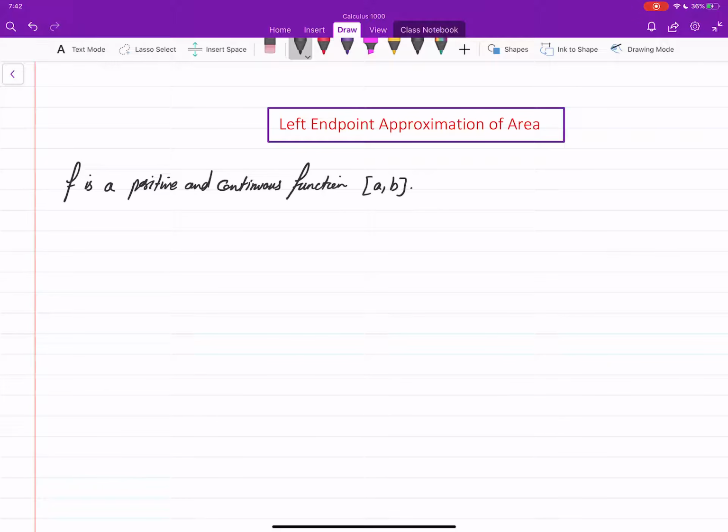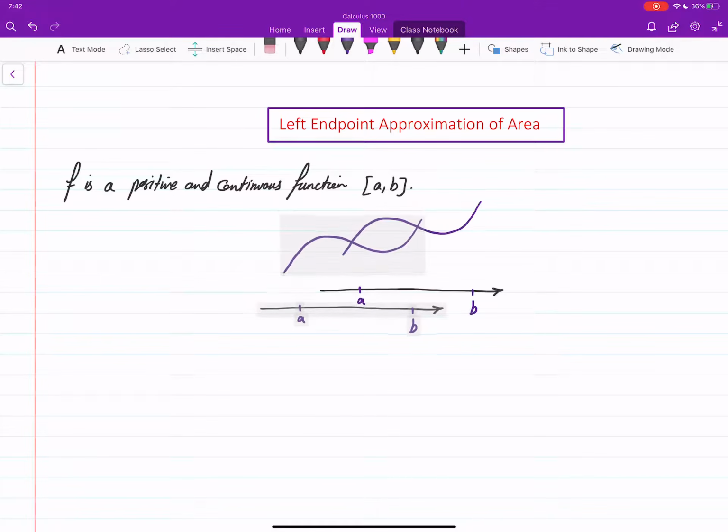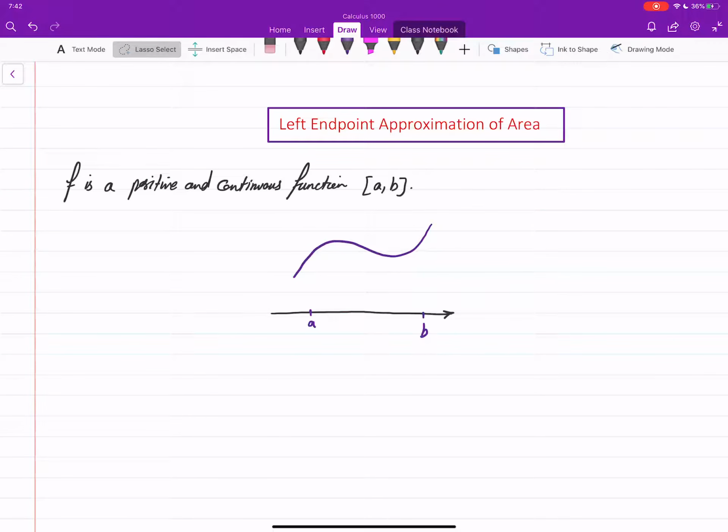Then, like before, we can use rectangles to approximate the area, but this time, instead of having the right endpoints, we can choose the left endpoint in subintervals. In other words, you divide the interval AB into n equal subintervals, and for each subinterval you form a rectangle.